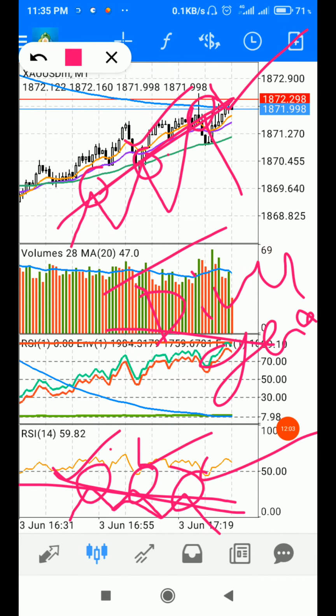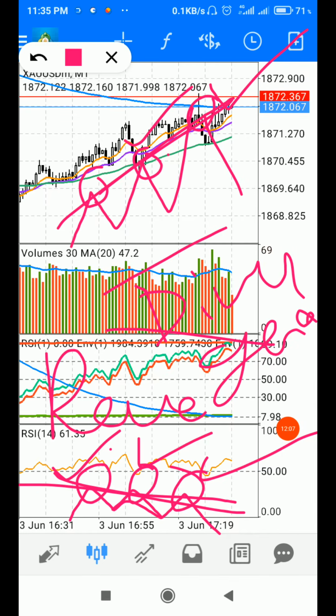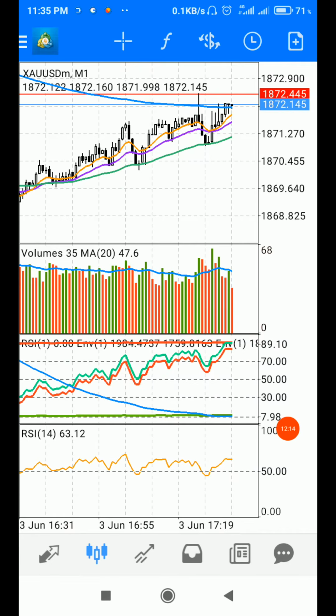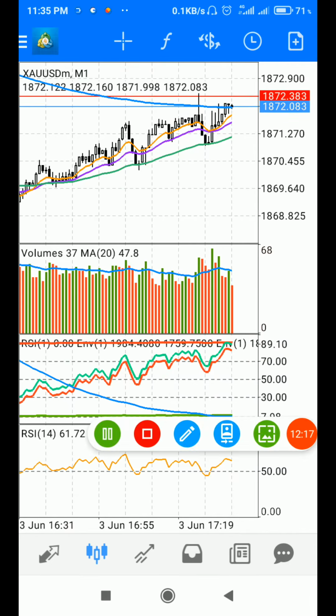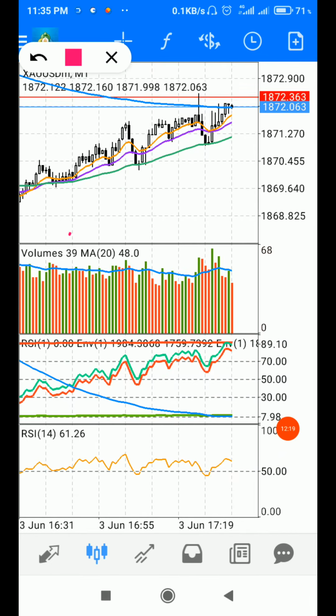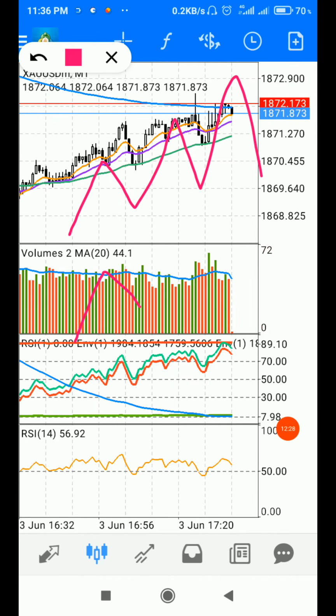So it means the reverse. It means reverse. Okay? And whenever you see that price is doing that, I mean here to here to here, and you also see here to there.